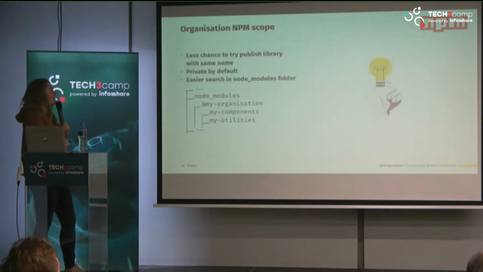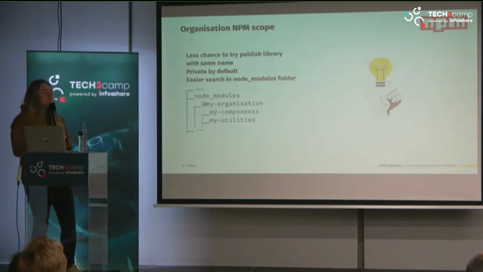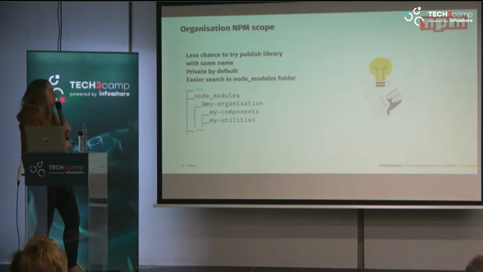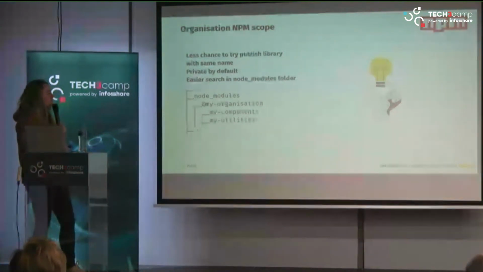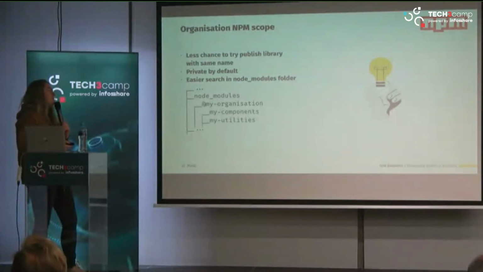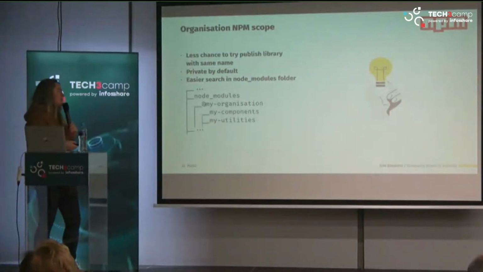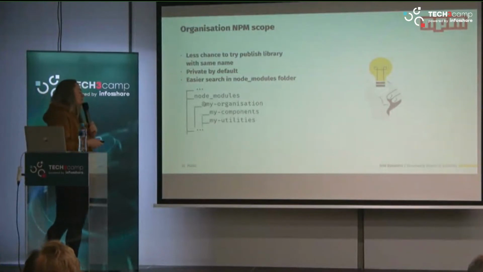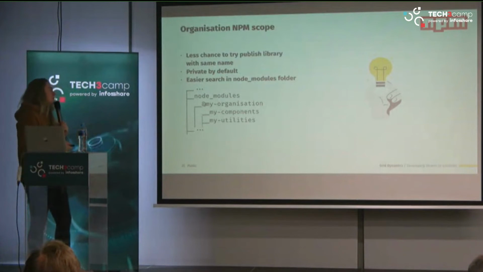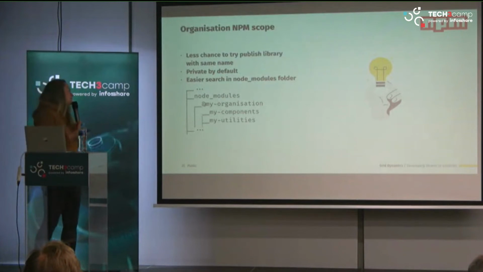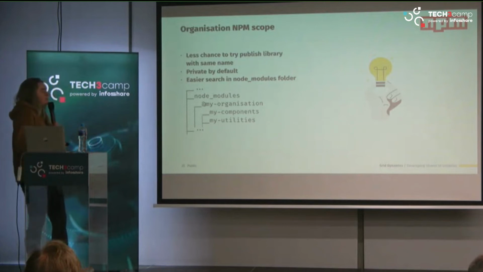Also, I would recommend implementing an organization NPM scope. It's pretty much for organizational purposes, and it's easy to find all source code in node modules. Also, it's private by default, and so on, which is really useful.